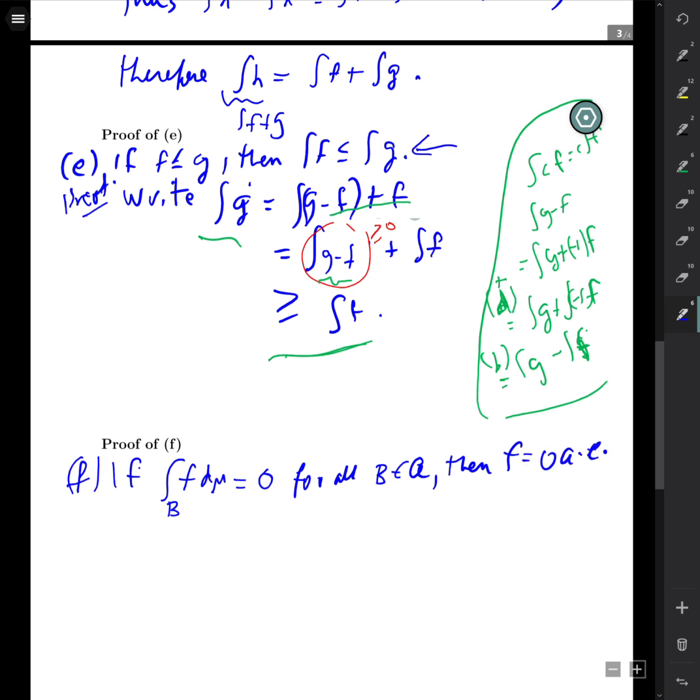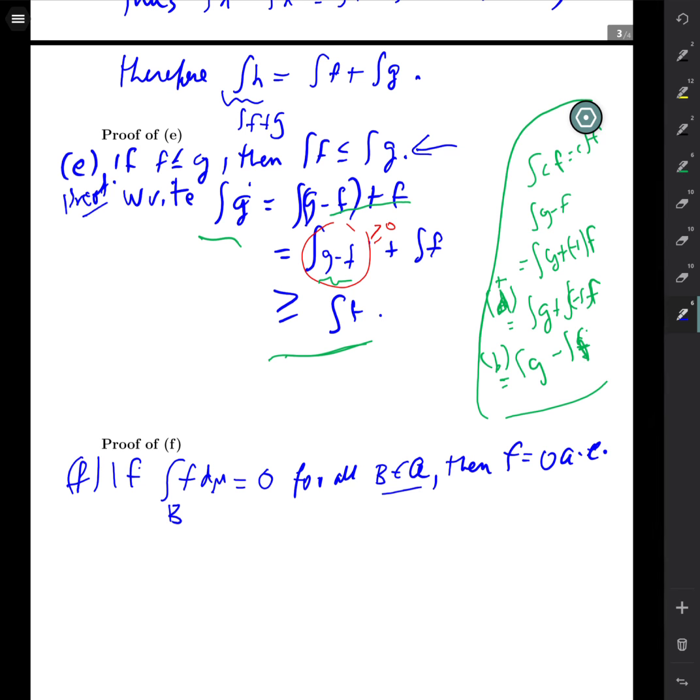Now for a non-negative measurable function, we get the same conclusion if the integral over the whole space, like so, is equal to 0, then the function equals 0 almost everywhere. But here we don't have a non-negative function, so we need it to be integrable over all B to draw the same conclusion.